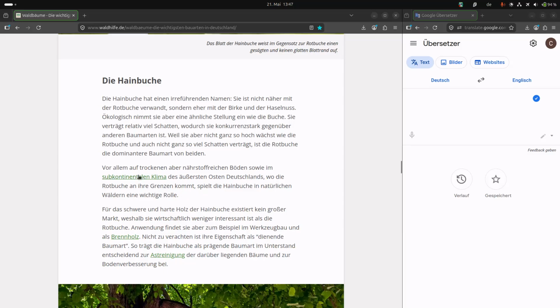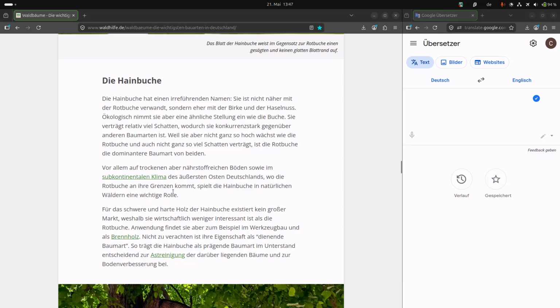So, above all, on dry but nutrient-rich soils, as well as in the subcontinental climate of the far east of Germany, where the European beech at her borders comes, plays the hornbeam in natural forests an important role.